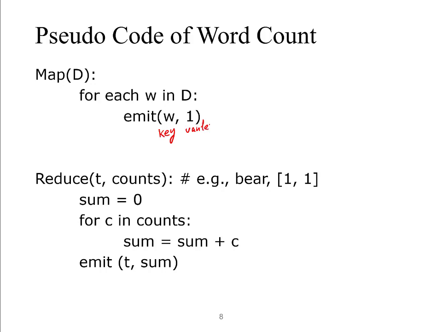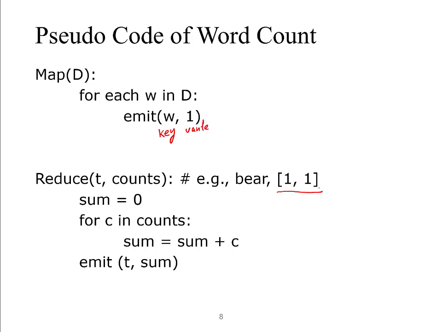This is map. And for reduce, the input is T, which is a word, and counts, which is a list of values or a list of counts.